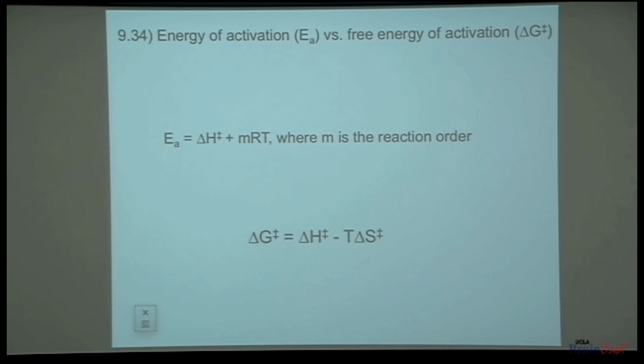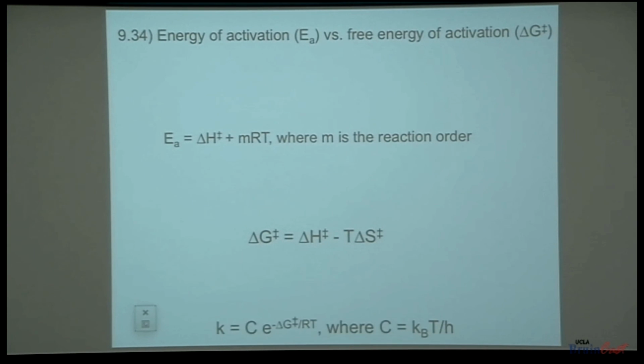Okay? And so what Sievers et al. did then was actually to measure the free energy of activation. Having already basically determined the enthalpy of activation, what they did was to measure the free energy of activation, plug the free energy and the enthalpy into this equation to solve for the entropy of activation.